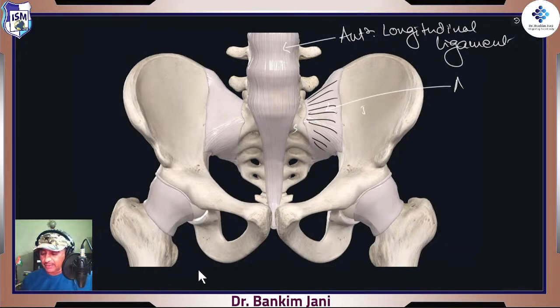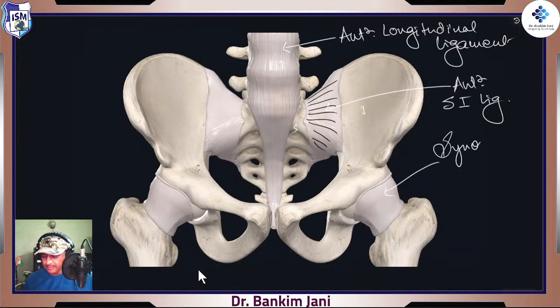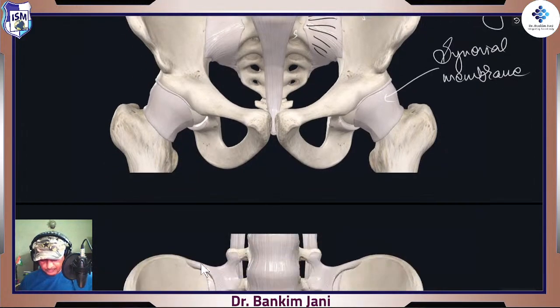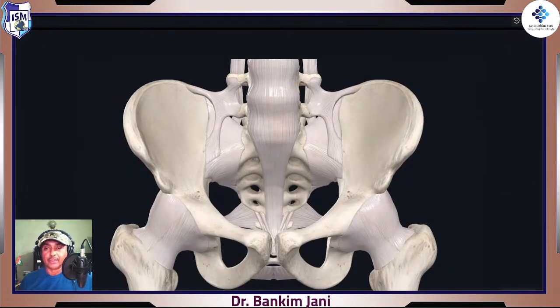So we'll call it anterior sacroiliac ligament, right? Anterior sacroiliac ligament. And obviously this one is that synovial membrane, which will be forming the joint, right? Synovial membrane.